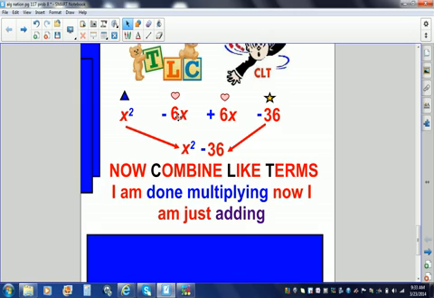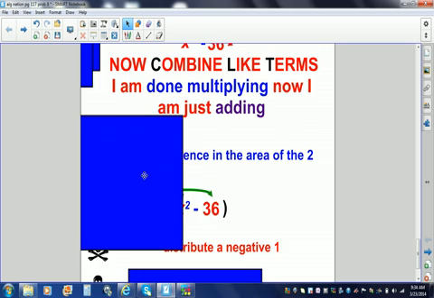Well, I can put my negative 6x and positive 6x together. When I put these two terms together, they negate each other, kind of like New Orleans negated the Heat the other night. Nice analogy, Mr. Phillips. So I'm left with x squared minus 36.